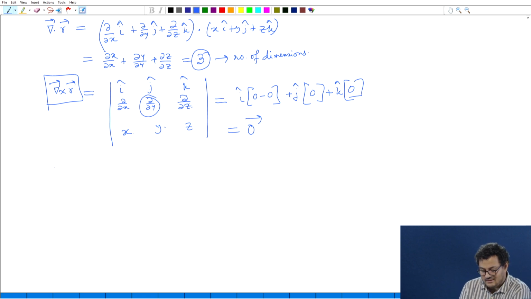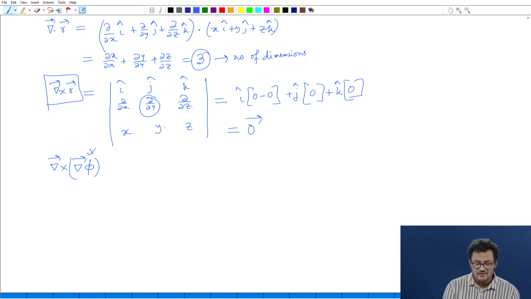Then I will do two other things. First is the curl of a gradient of a scalar. This type of thing we have already seen while we were talking about the conservation of energy, where the force had to be in a form like this. Now, what will this be? This phi can be an arbitrary scalar.